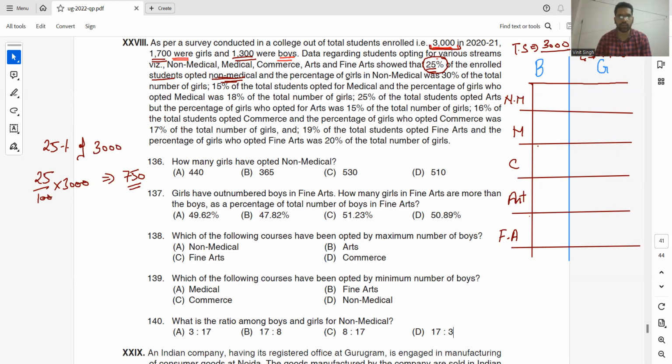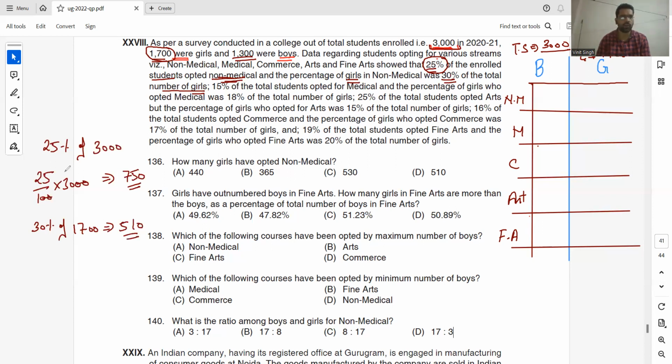And the percentage of girls in non-medical was 30% of the total number of girls. The total number of girls is 1,700, and 30% of 1,700 is equal to 510.